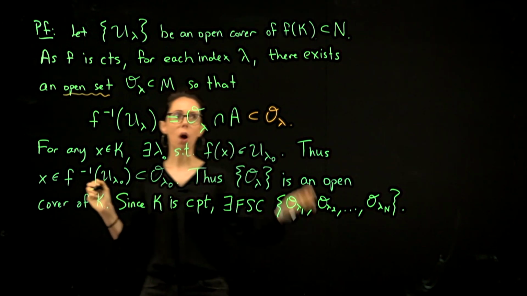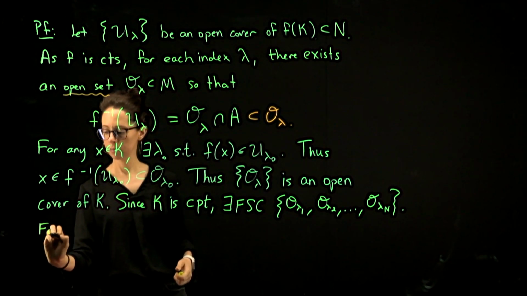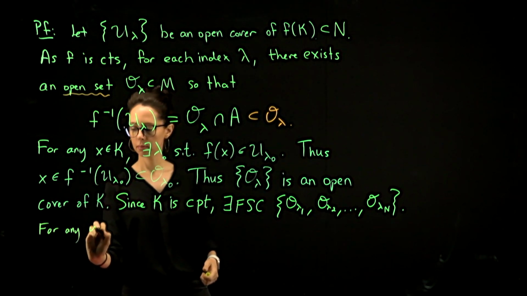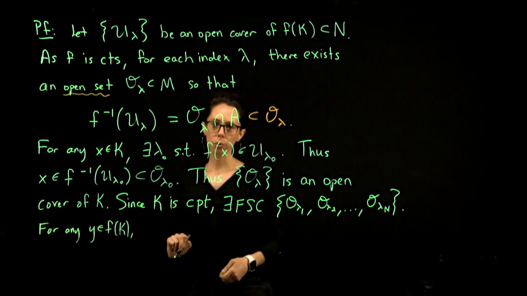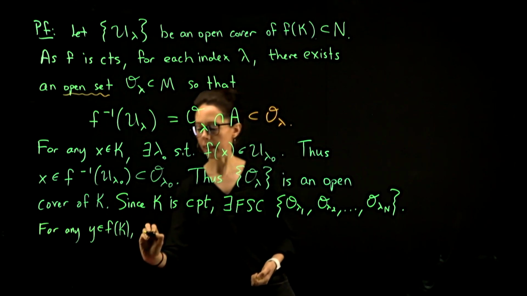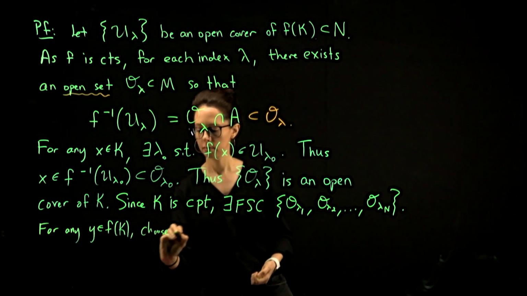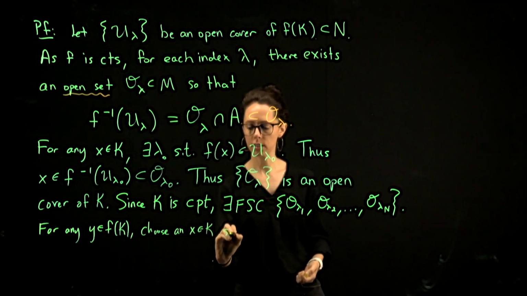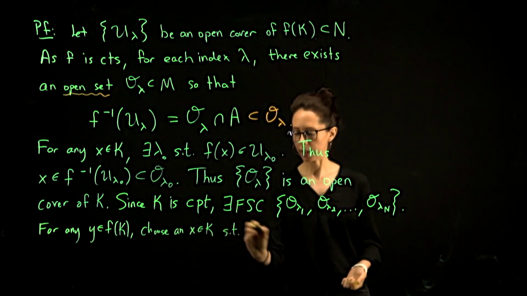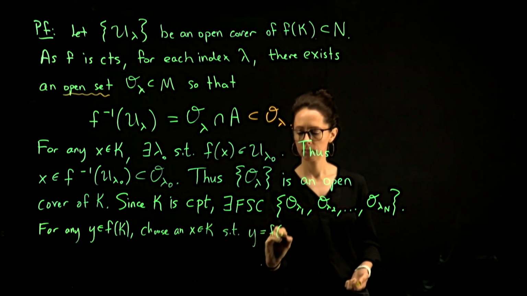For any y in f of K, choose an input x in K so that y equals f of x. Maybe you don't have a choice.